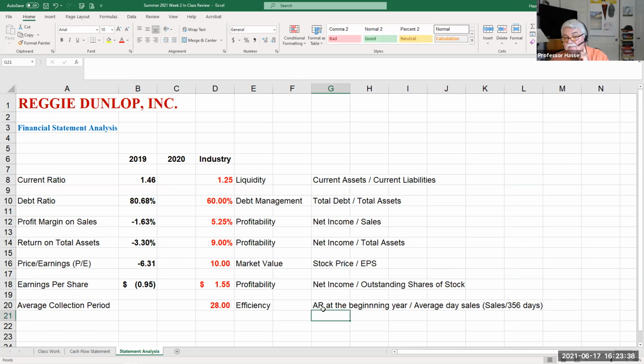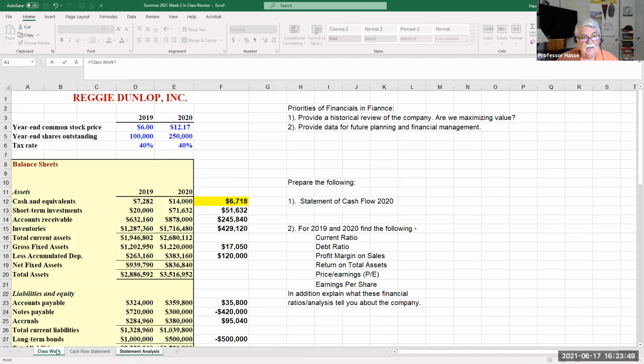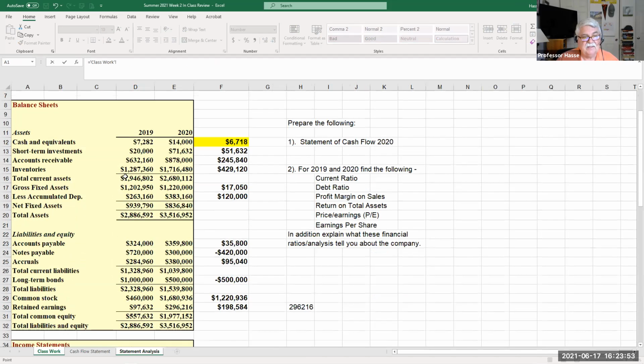Okay, so let's see what it is for this company. Equals accounts receivable. What's our accounts receivable balance at the beginning of 2019? Oh, we don't have it. We only have the accounts receivable balance for the end of 2019. So we can't do this.